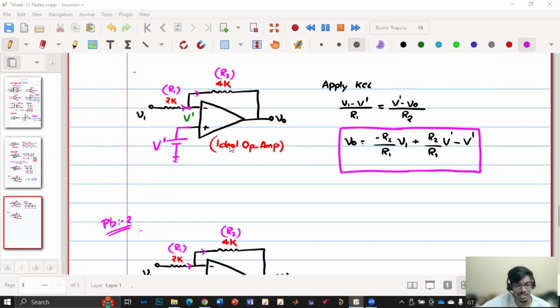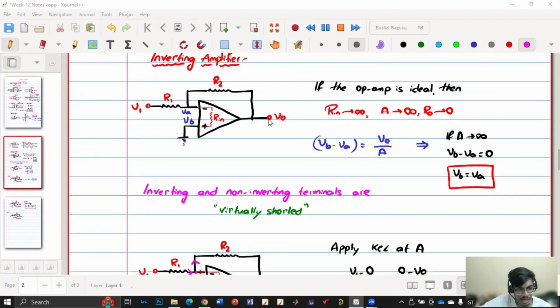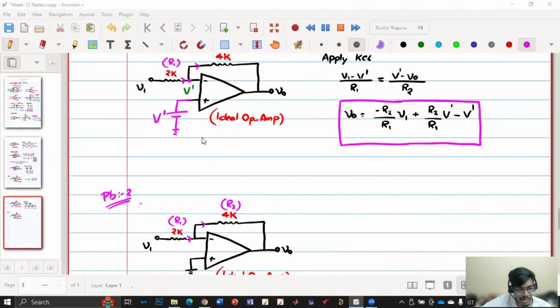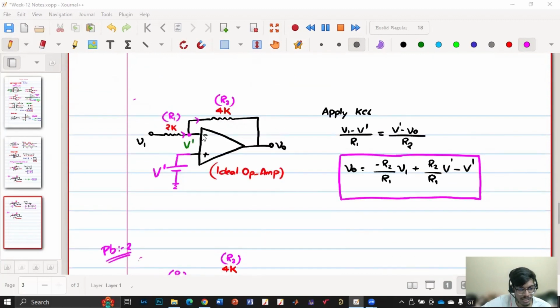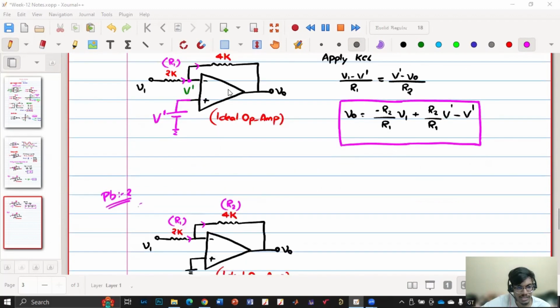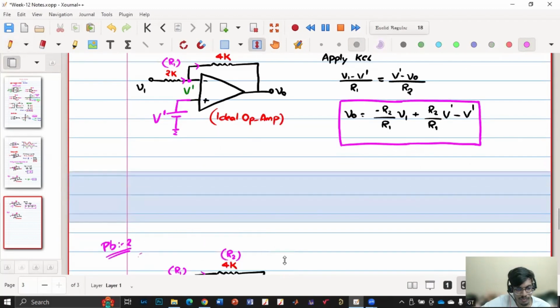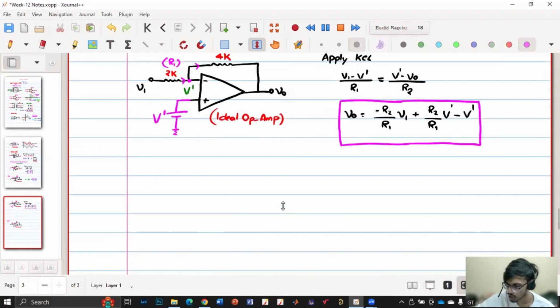So the structure itself is for this inverting amplifier. We cannot directly connect this minus to 0 for any amplifier because we want this negative feedback. For that purpose, you cannot directly connect this to ground. Whereas there is another amplifier which is called the non-inverting amplifier.